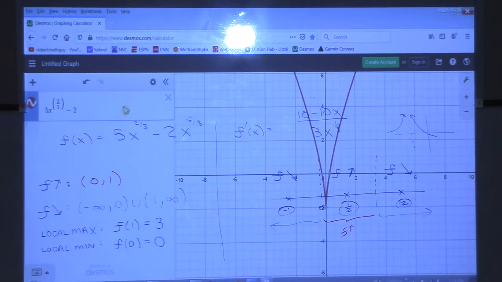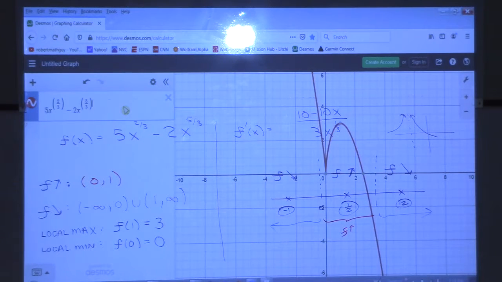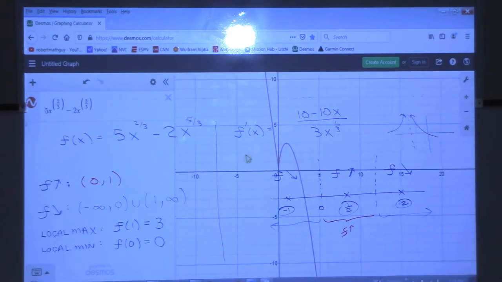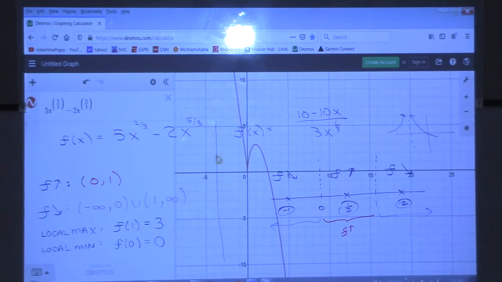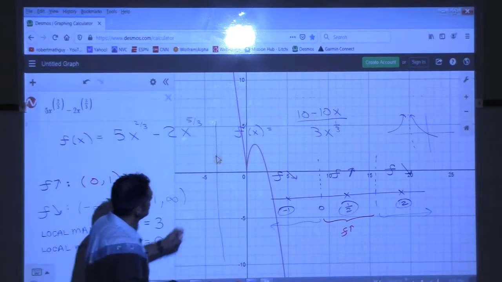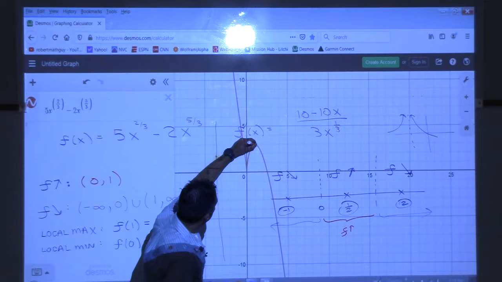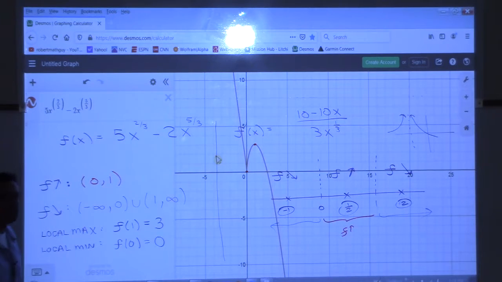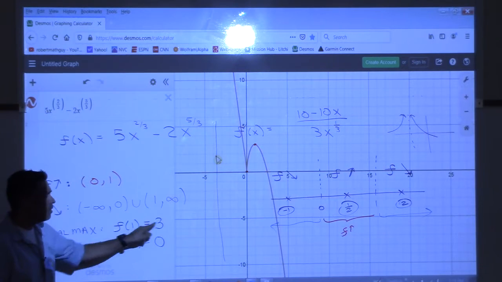Minus 2x to the 5/3. There it is. Interesting looking graph. Would you all agree? Interesting looking graph. We were able to identify the point (1, 3) and the point (0, 0). Those are local maxes and mins. Y'all see that? (0, 0) and (1, 3).